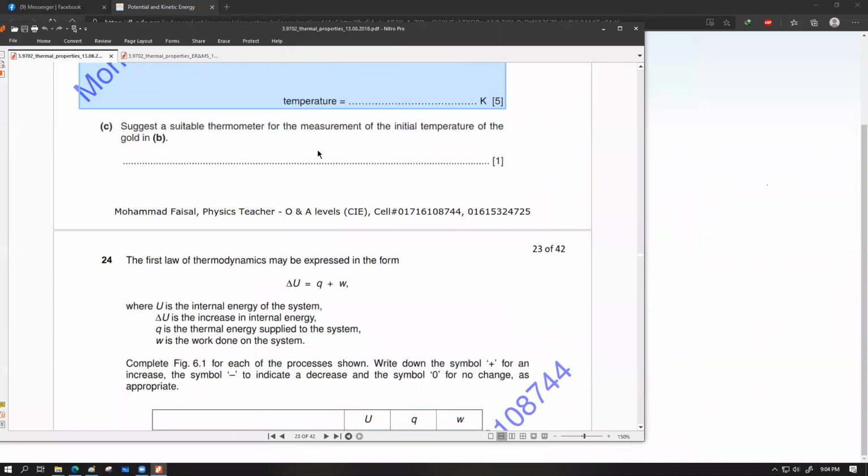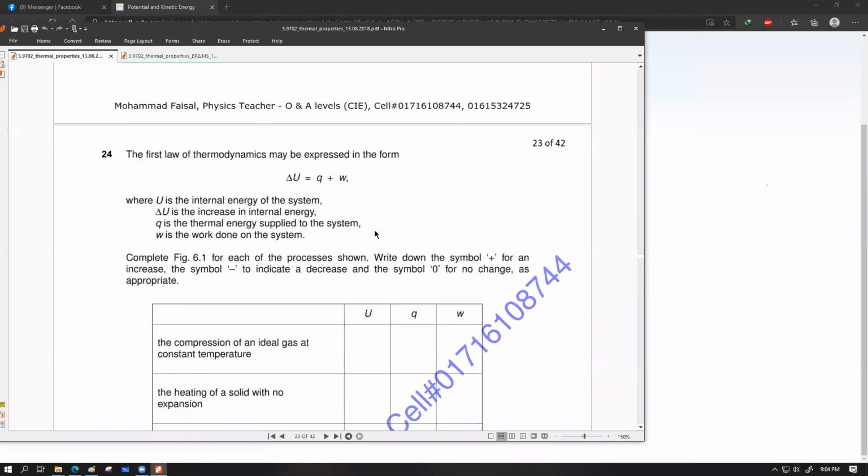So this is a suitable thermometer for the temperature, obviously a thermocouple thermometer, or you can use a radiation thermometer. A pyrothermometer is also okay. Do you know what a pyrothermometer is? It is the thermometer used around the globe to measure forehead temperature from a distance. People aim it at your forehead and they get the temperature.